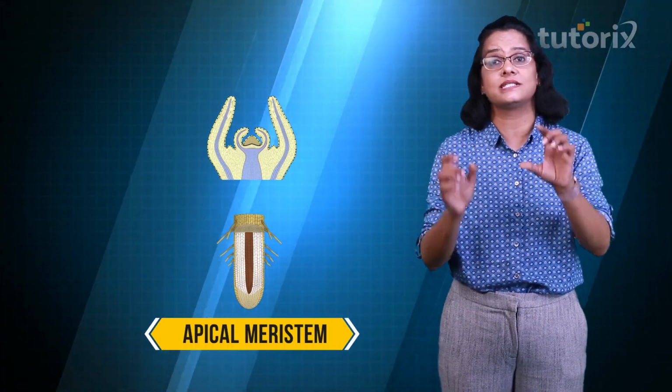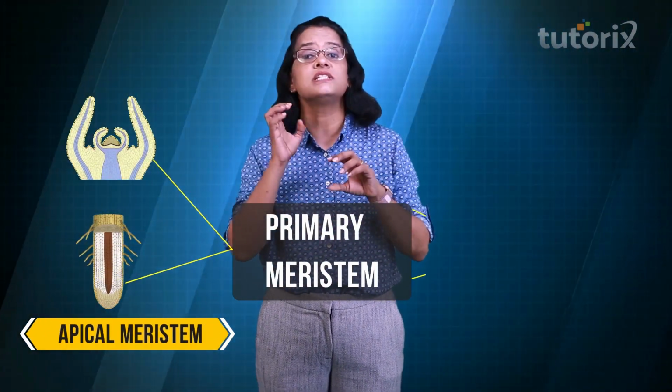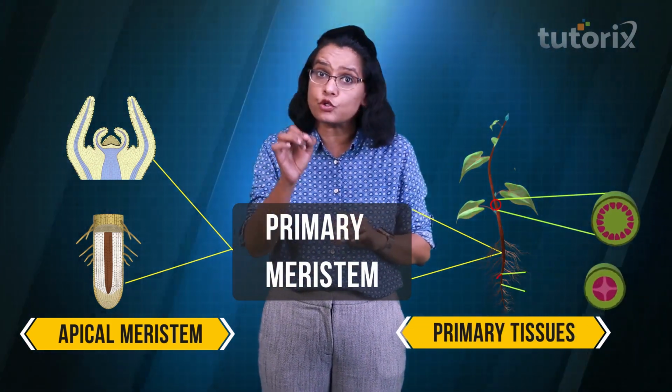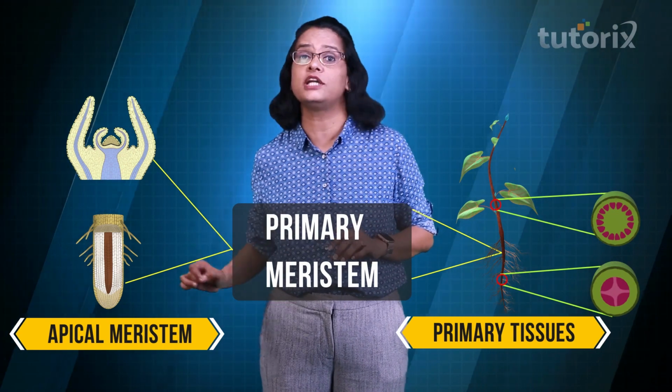So what we conclude is the apical meristem is a type of primary meristem which leads to formation of all types of primary tissues in the shoot region or the root region of a plant. So now we have understood, I believe, a lot about the apical meristem.